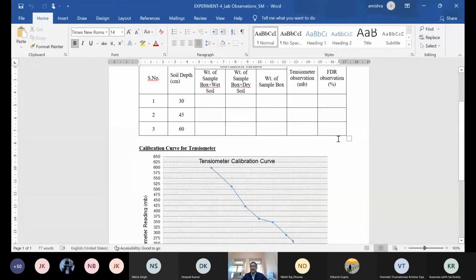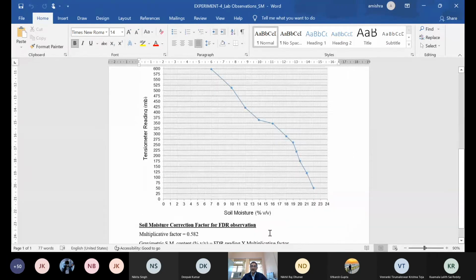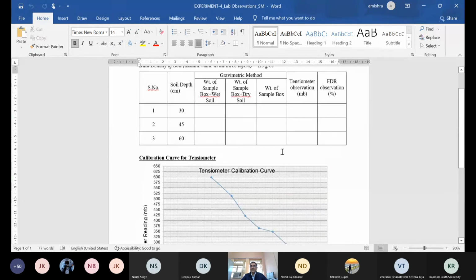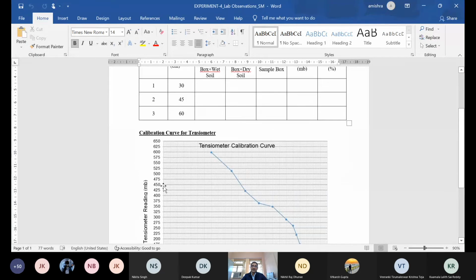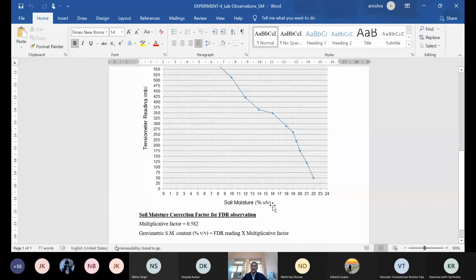So one part is observations you need to record. Second, you need to use this calibration curve between tensiometer reading and soil moisture, in volumetric basis, percentage, to find out from tensiometer observations in millibar suction what the soil moisture content is in volumetric basis.